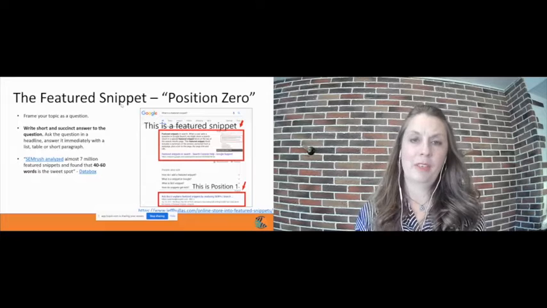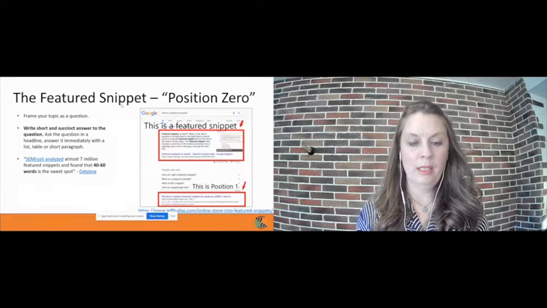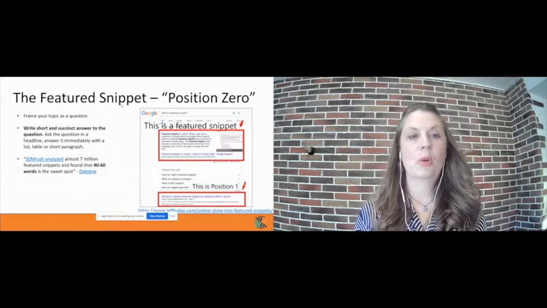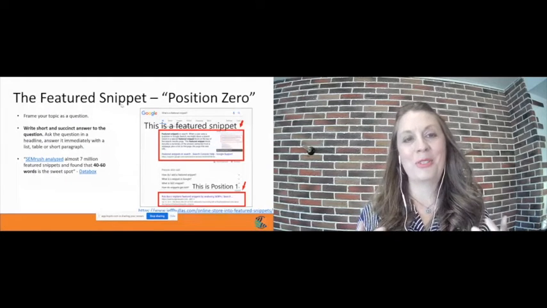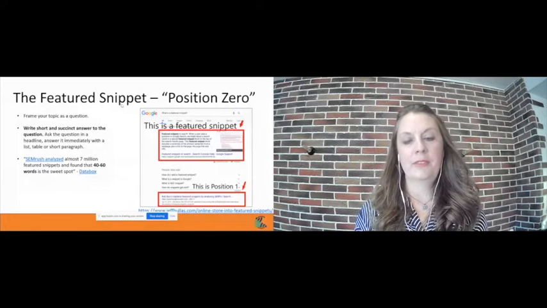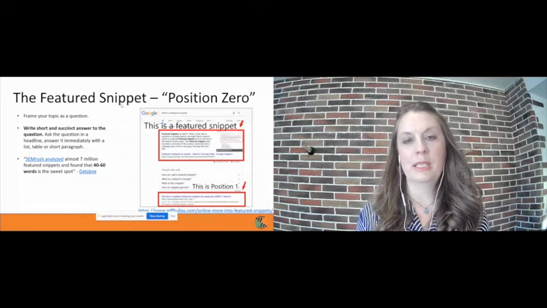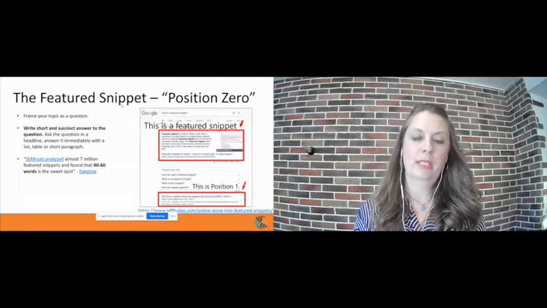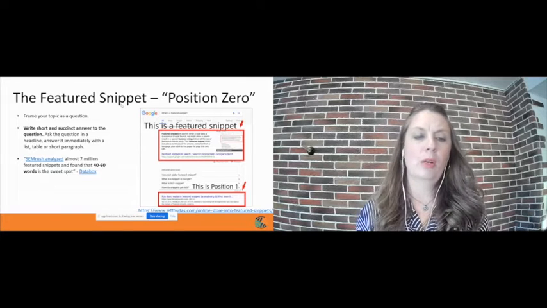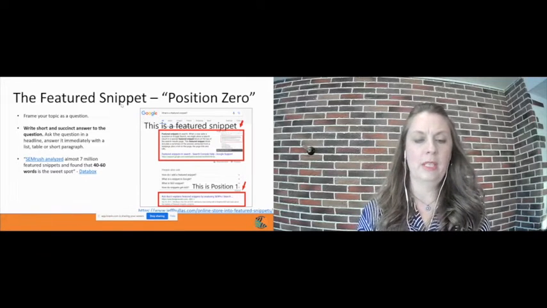However, if you have content that's already ranked on page 1, but somebody else has that featured snippet, you can try to get it. So a few suggestions to try would be to frame your topic as a question. So instead of saying best practices for user security in Dynamics 365, you could say how to set up user security in Dynamics 365. You can use the Google people also ask section to figure out what verbiage people are using out there.